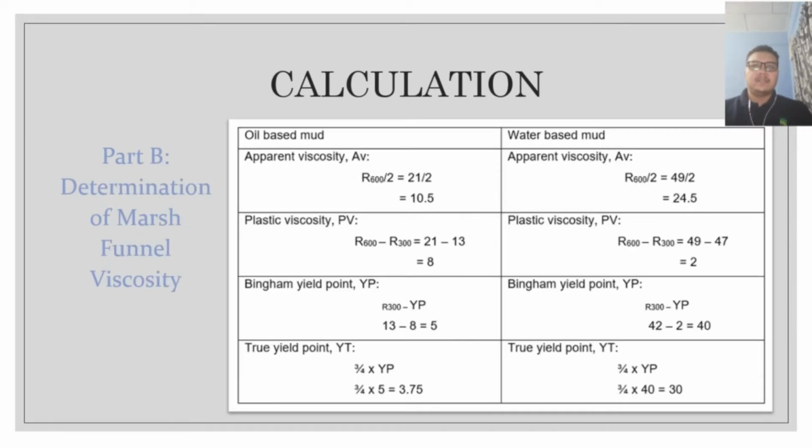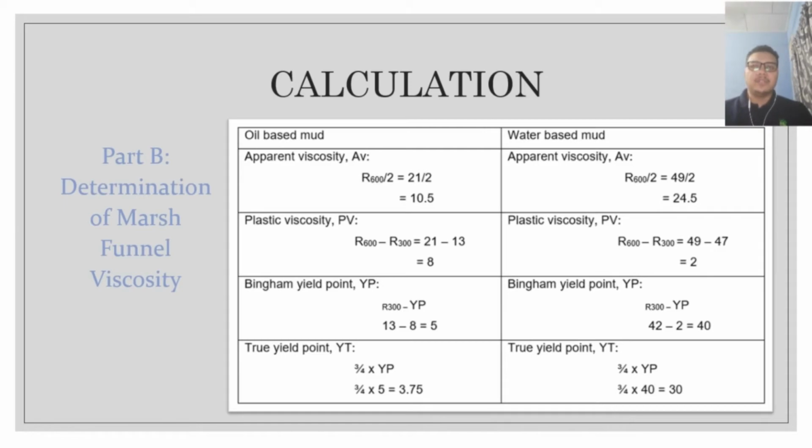Alright, next is the calculation for part B. Here are the calculations for apparent viscosity, plastic viscosity, Bingham yield point, and true yield point.